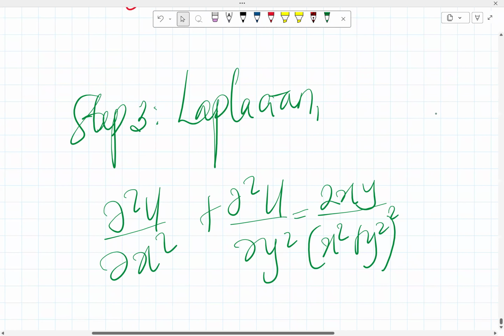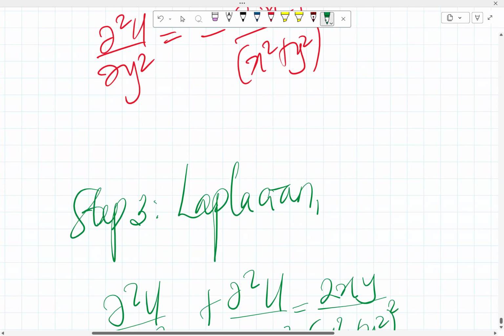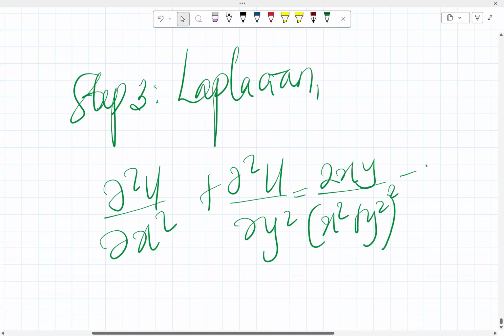Then partial squared u, partial y squared is minus 2xy all over x squared plus y squared raised to power 2. They are the same, so they can easily cancel out. So this whole thing put together is what we call the Laplacian, grad squared u, which is equal to 0.